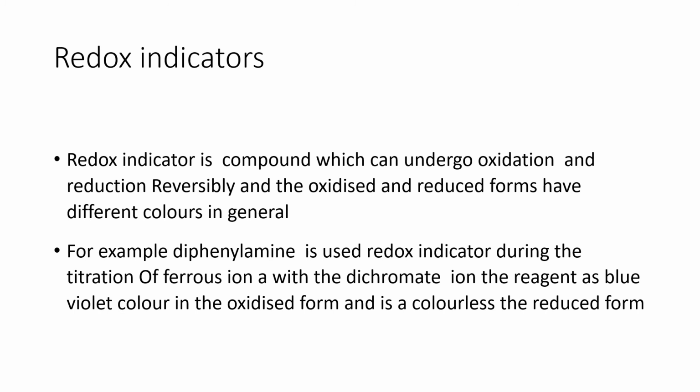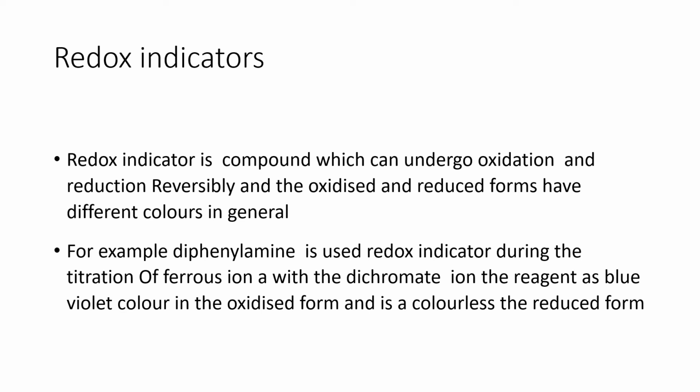Next, redox indicators. A redox indicator is a compound which can undergo oxidation and reduction reversibly, and the oxidized and reduced forms have different colors in general. There is an equilibrium between the oxidized form and the reduced form.